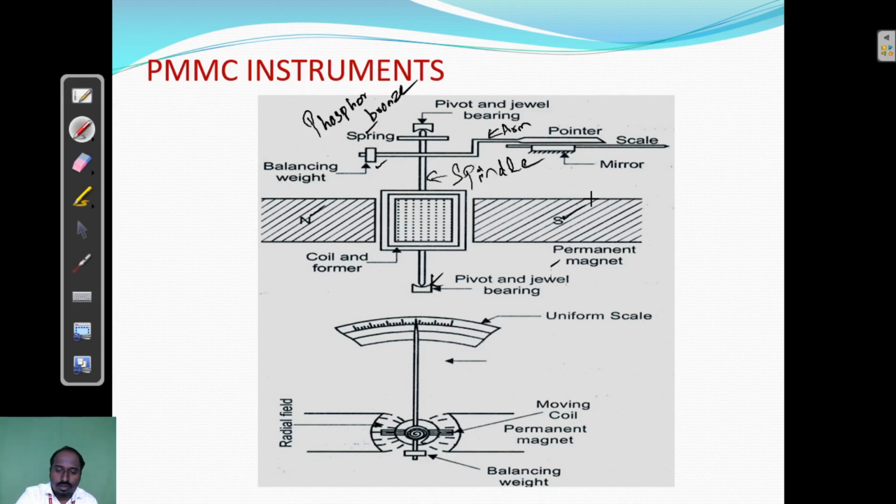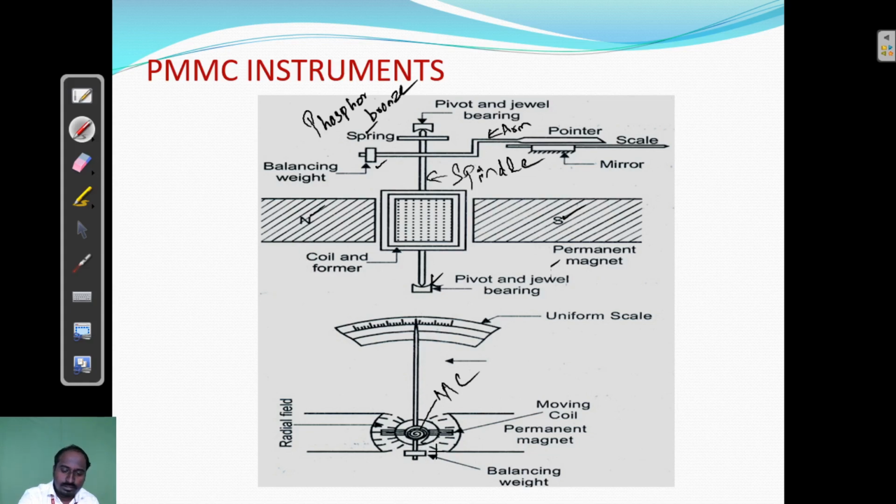If you see the top view, it will look like this. The top view contains the permanent magnet moving coil instrument. The permanent magnets are placed here, and the moving coil is placed inside the magnetic field. So this is the moving coil, which is attached with a spindle.